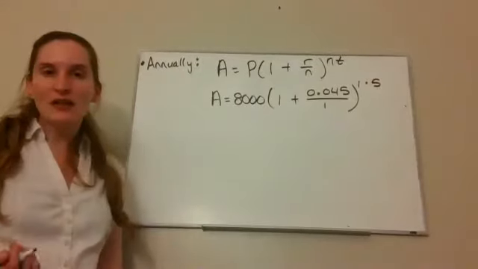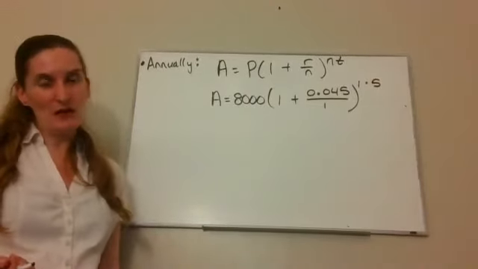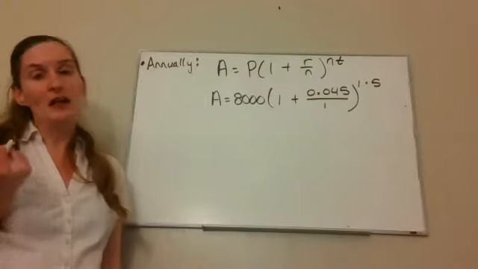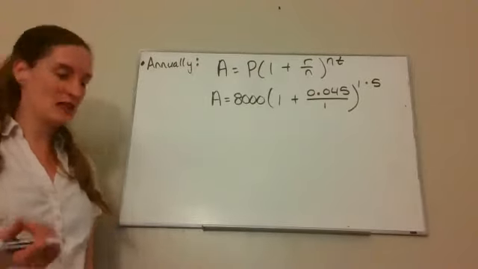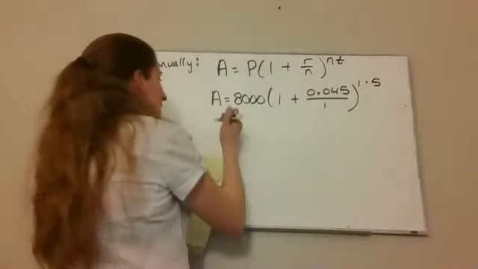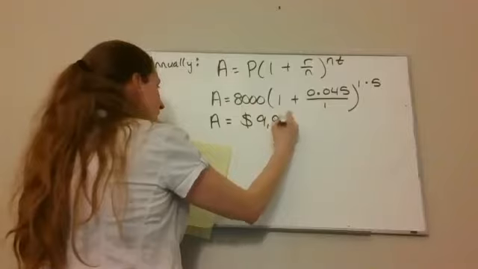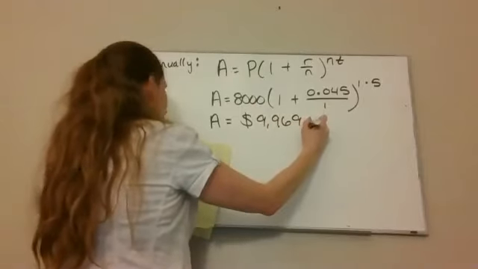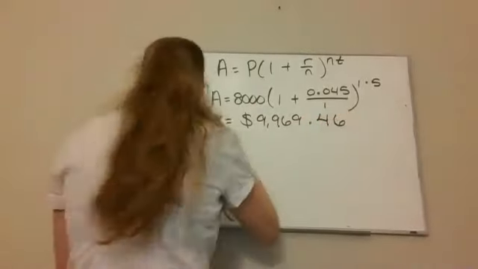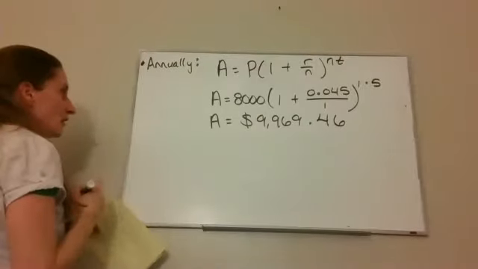And at that point, you can actually go ahead and type it all in your calculator carefully. You have to be careful with parentheses, make sure you get it typed in correctly. But if you type it in correctly, you're going to get $9,969.46 when it's compounded annually.